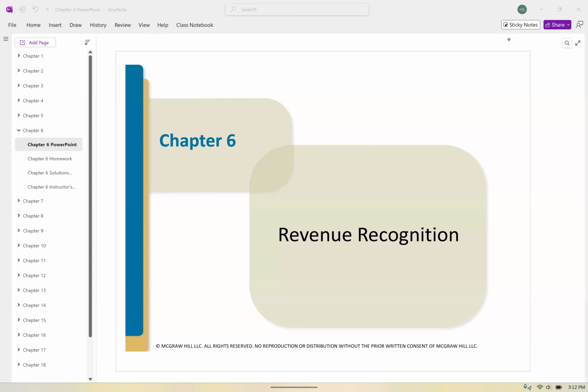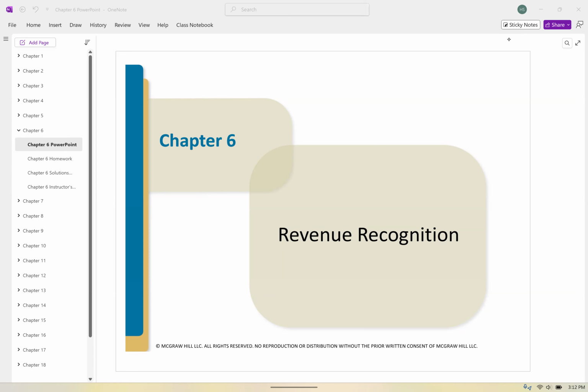All right, we are on chapter 6 of Intermediate Accounting 1, and we are on revenue recognition. So this may seem like a very straight, simple thing, but it's really not. In the accounting classroom, it usually is, but in the real world, there can be a lot of gray area.